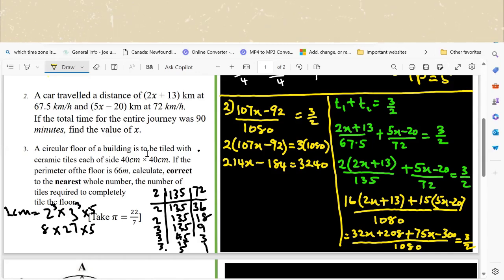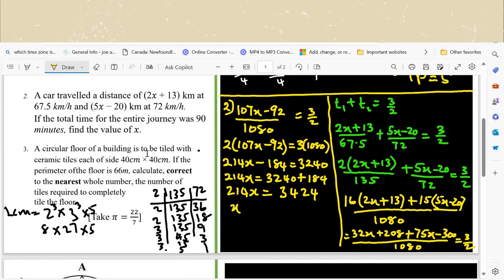Okay, we collect like terms. We are going to have 214x equals 3,240 plus 184. 214x equals, when we add together, 3,424.